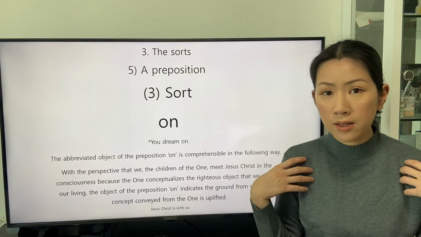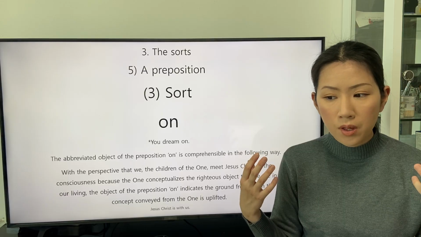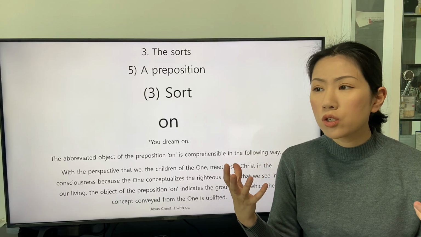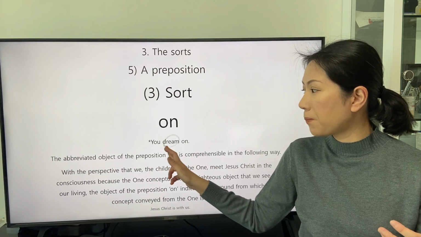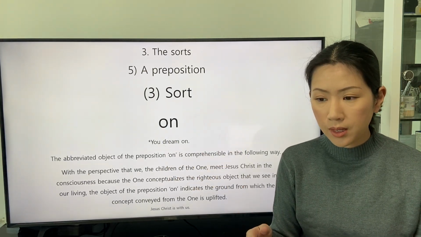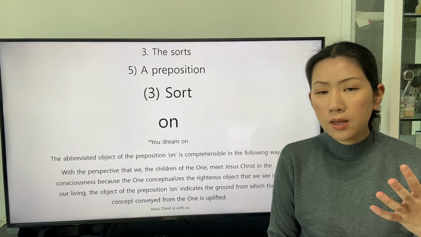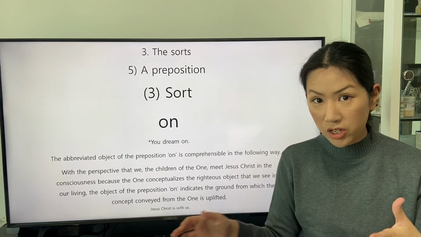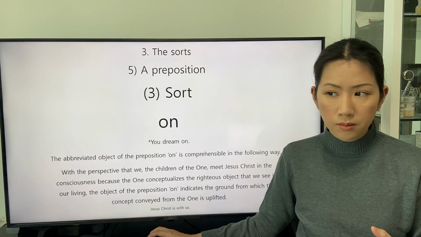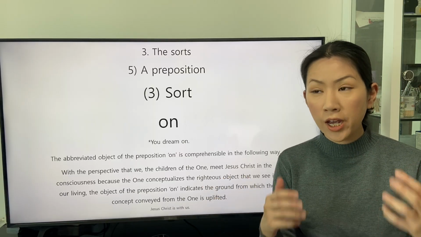So we can understand that the spiritual ground to actualize the definition of the intransitive verb dream can be the relative standard or the changeable position.